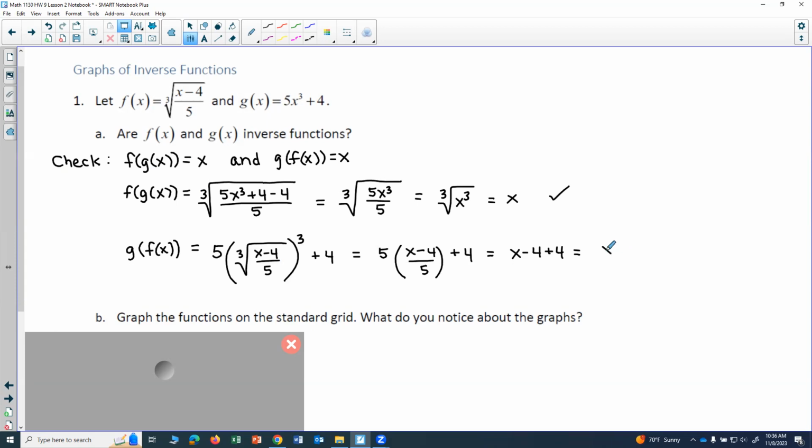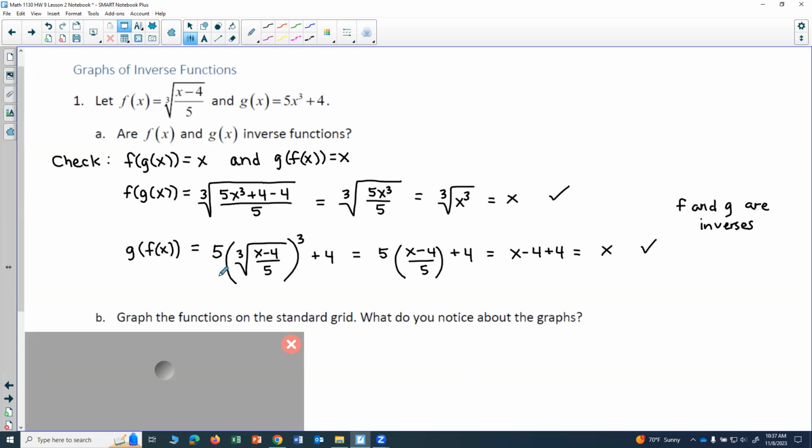And so I end up with just x. So that one checks out. F of g of x is equal to x, and g of f of x is equal to x. And so we would say, yes, f and g are inverses. So that's how you check whether two functions are inverses.